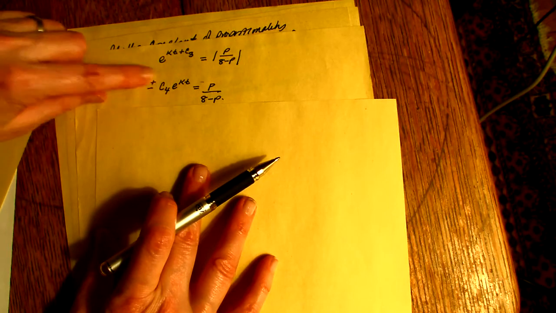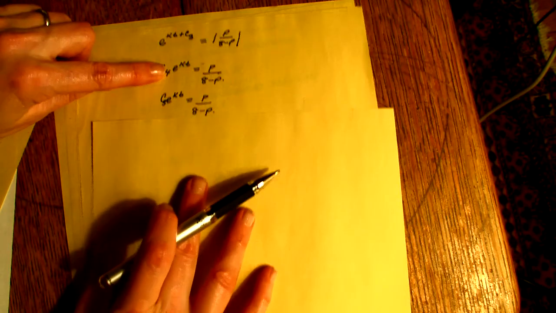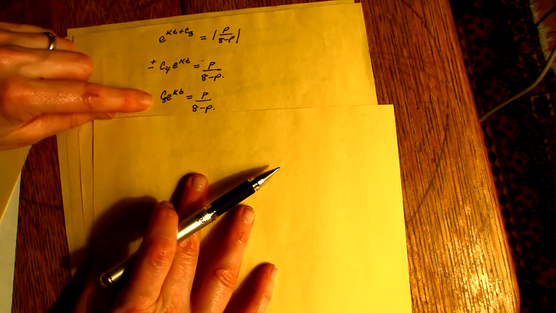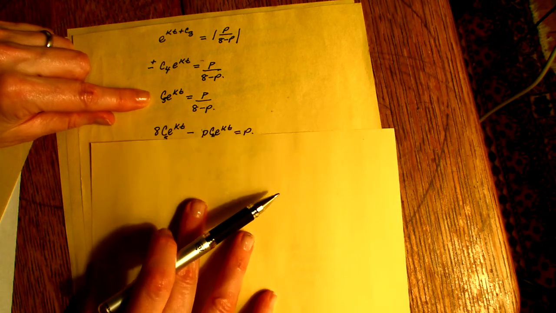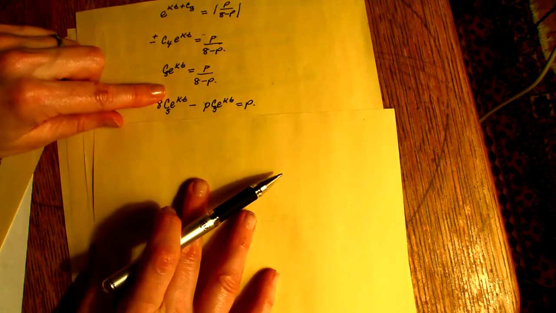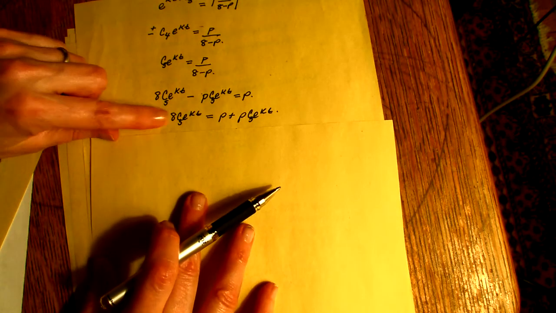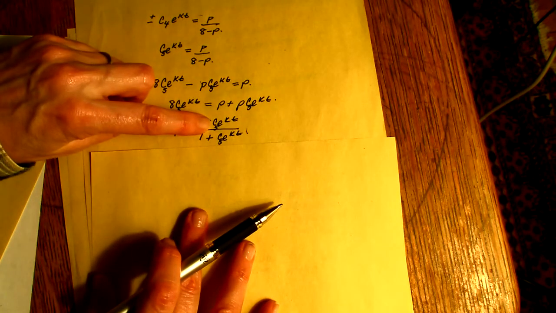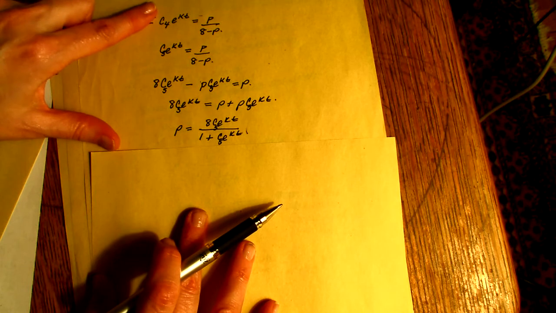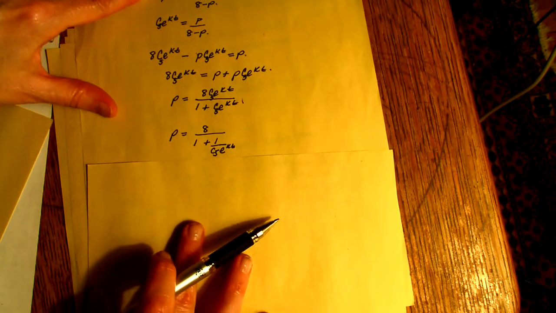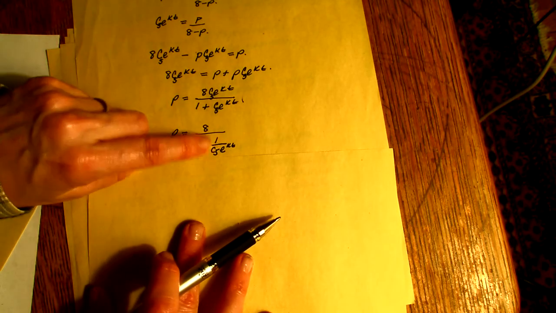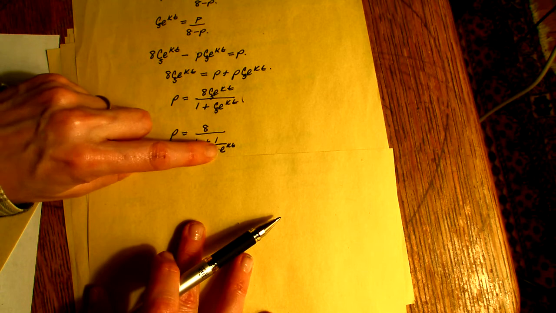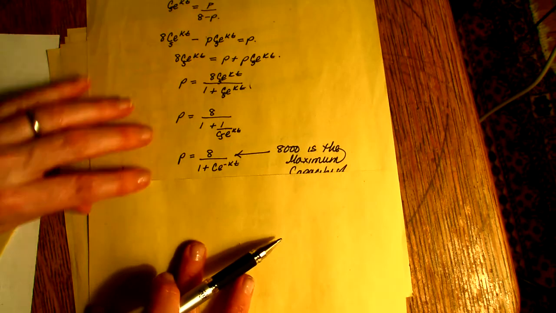Call this another constant, c sub 5, and then you need to solve for P in terms of t here. So multiply through by the denominator, get P on one side, factor P out, and you get this. Dividing everything by c sub 5 e to the kt would give you this, and then you can rewrite that again. So this is another constant, 1 over c sub 5, and then e to the minus kt. So this is the general solution.